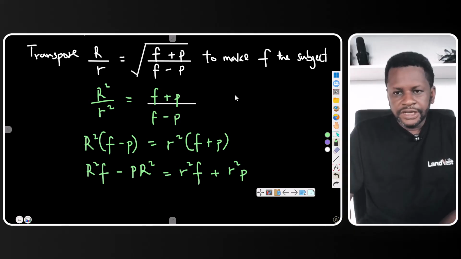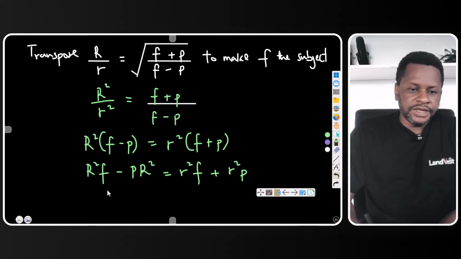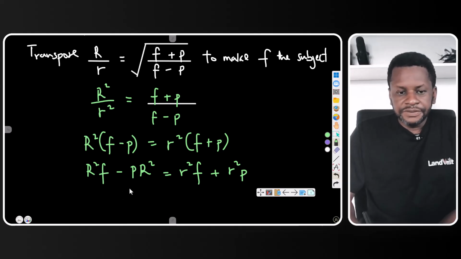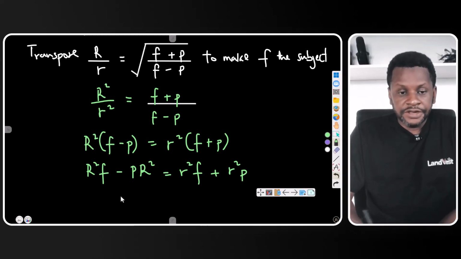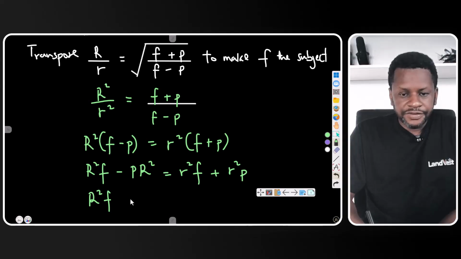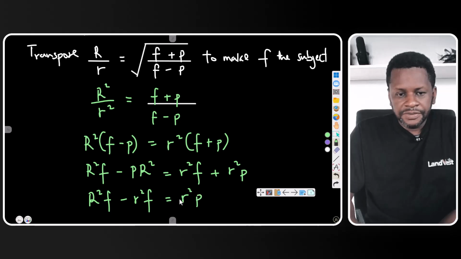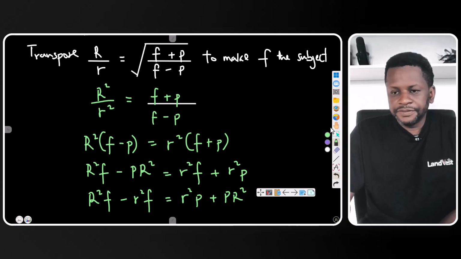Now because I'm making f the subject, and I can see that there's one f here, another f here, I'm going to bring them together and also get rid of pr squared on the other side. But first I need to subtract r squared f. So here will be r squared f minus r squared f, and here is r squared p, and of course you add pr squared on both sides here, that's p r squared.